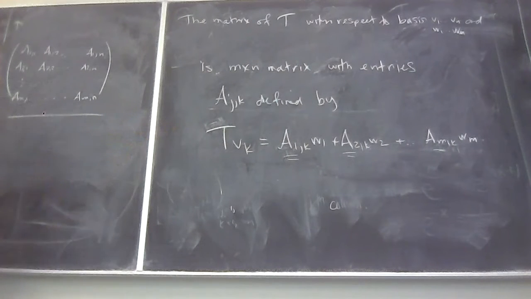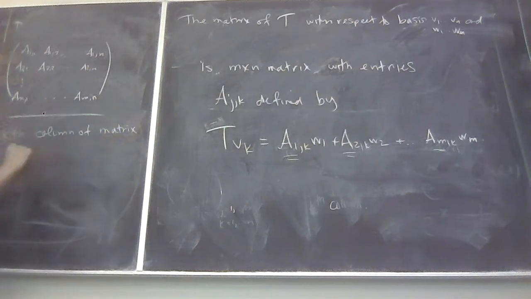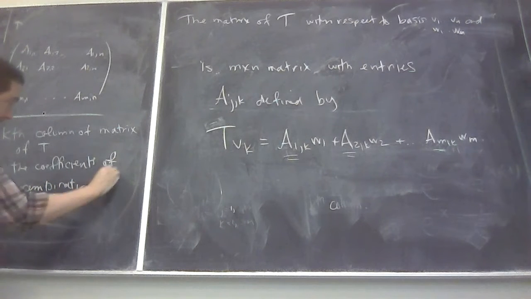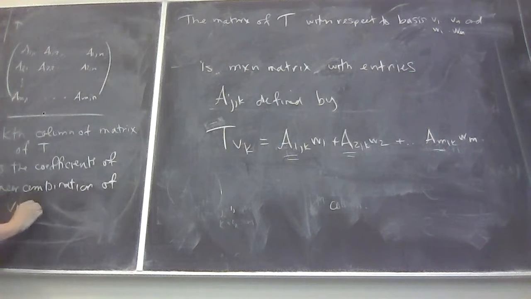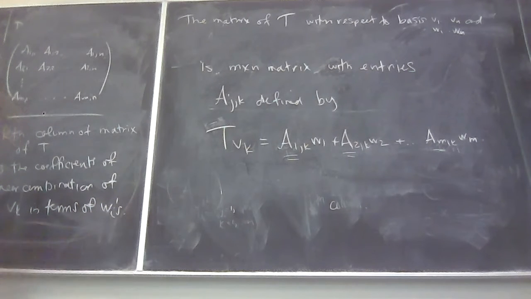So what this formula is telling you is the kth column of the matrix of T is the coefficients of a linear combination of the W's.